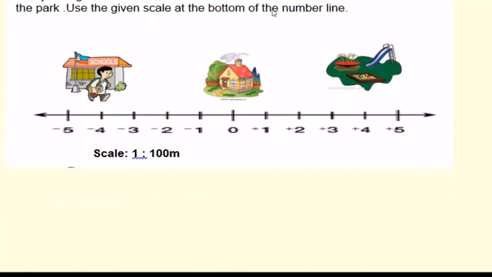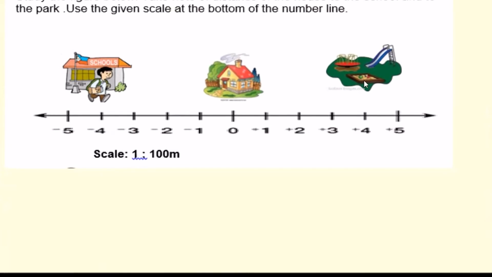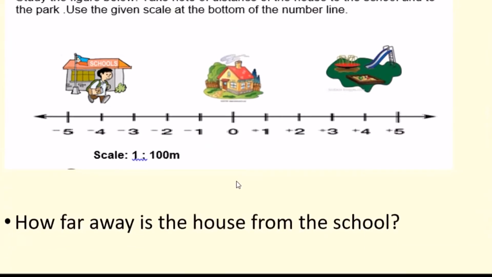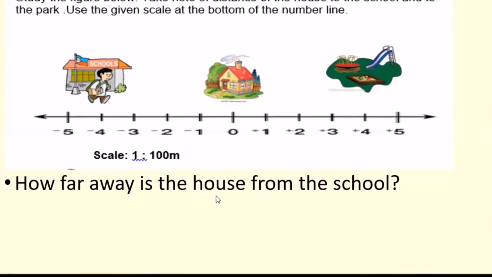So take note of the distance of the house to the school and to the park. We use one scale, or one distance is equivalent to 100 meters. So question number 1, how far is the house from the school?